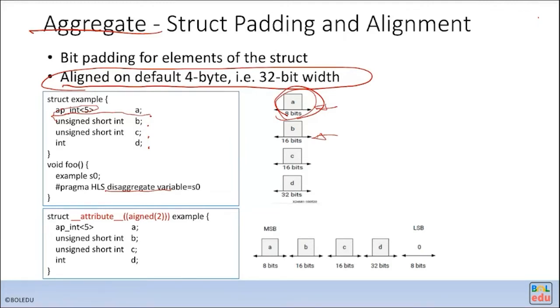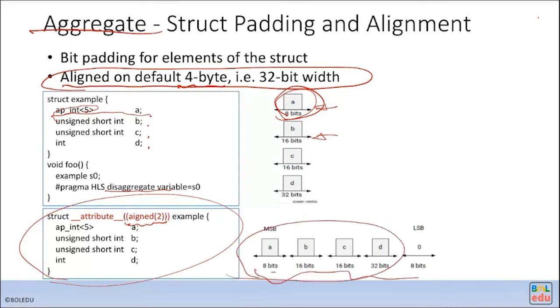In this example, it is aggregated, but by default it's aligned as 4 bytes. But this example specifies that it aligns on a 2-byte boundary. That means when you aggregate them, the final bit width will be 2-byte aligned.